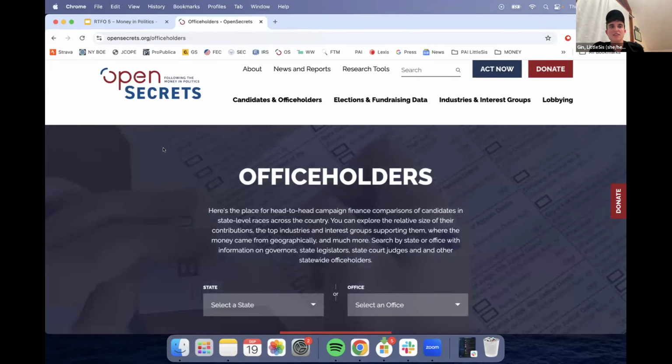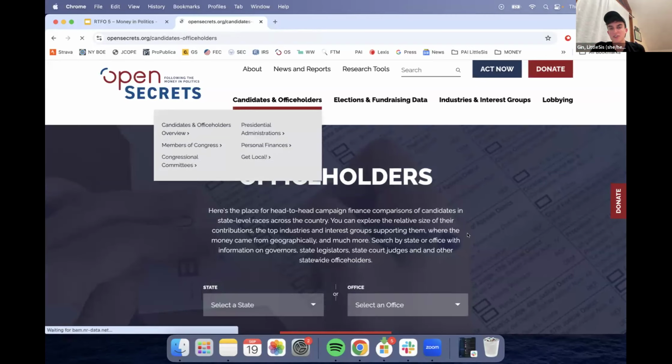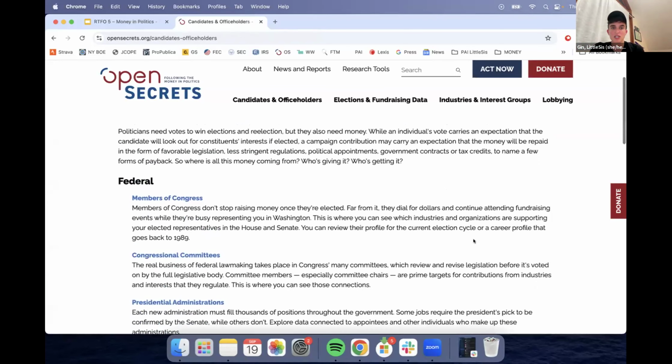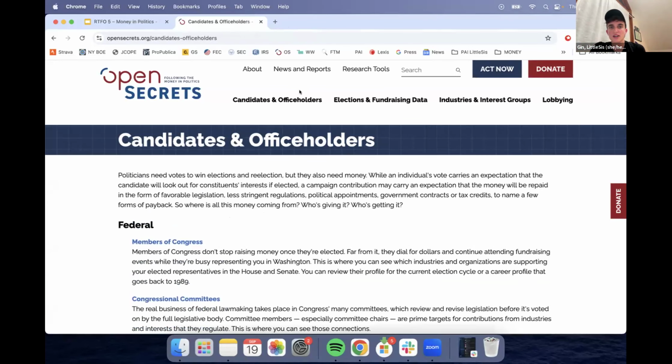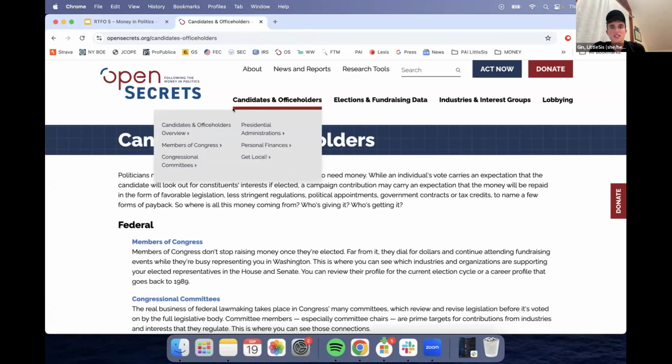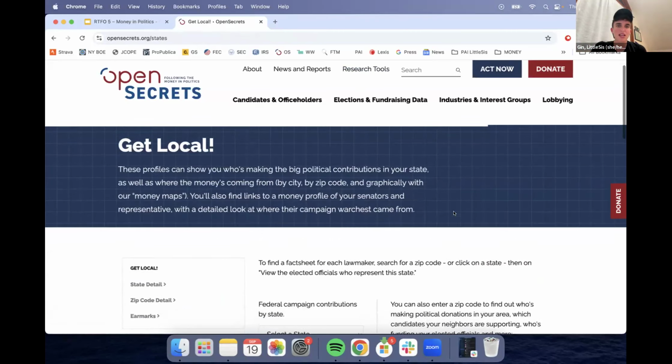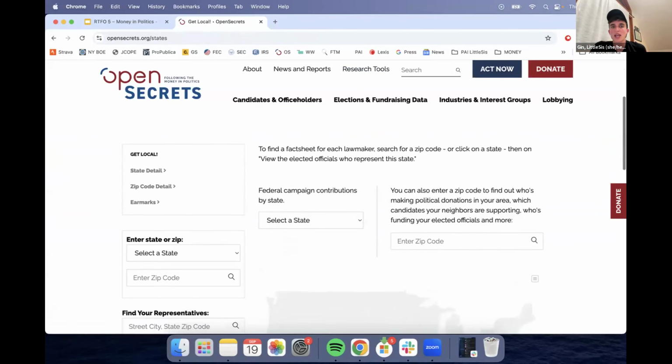So again, this is if you were looking from the view of, I want to know information about a specific politician that I might be looking into, you can look here. Another really interesting tool in this dropdown, you can also find it in the research tools dropdown, is this Get Local feature. The Get Local feature is a way to look up donors from a particular state.